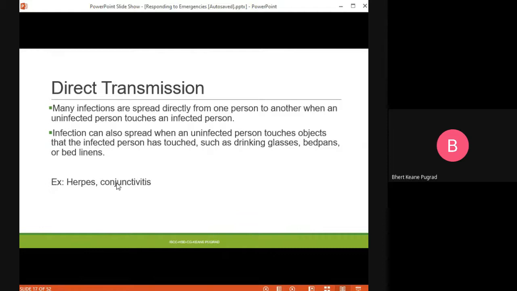Okay? Like for example, kapag ikaw merong herpes tapos kinis mo yung partner mo or kinis mo yung baby. So because of kissing, no, it's a form of your direct transmission. The problem ngayon is infected na yung individual.